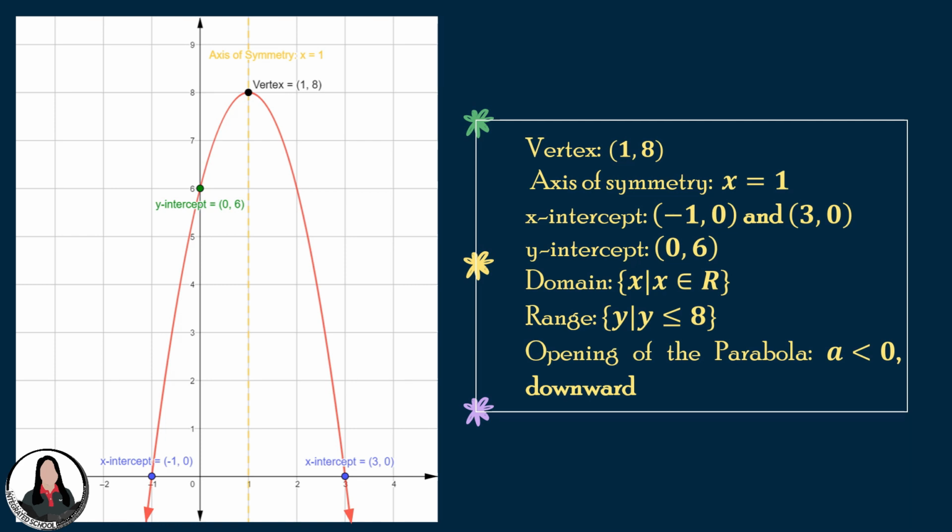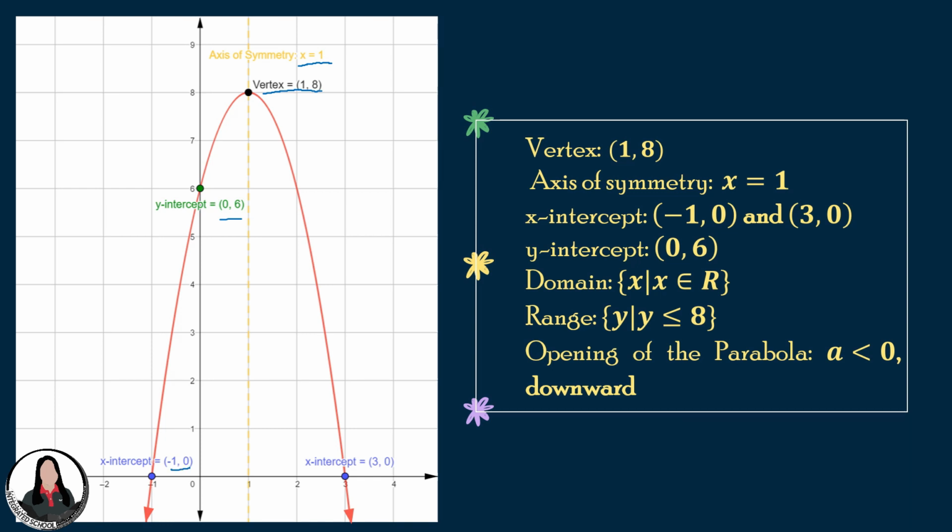Okay? So, the vertex here is 1, 8. So, yung vertex natin is this one. Itong black na to, this is the vertex. And then, we have the axis of symmetry, characterized by x equals 1. We have y-intercept, which is 0, 6. And then, we have two x-intercepts.